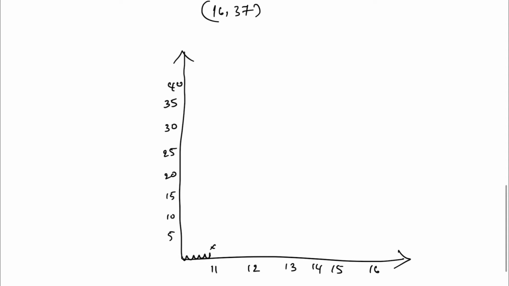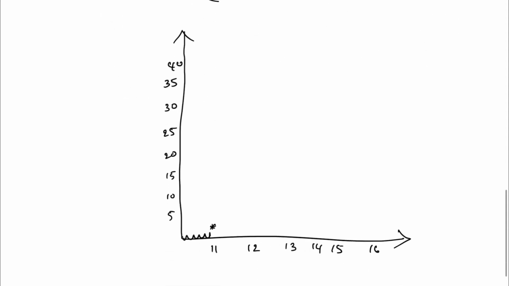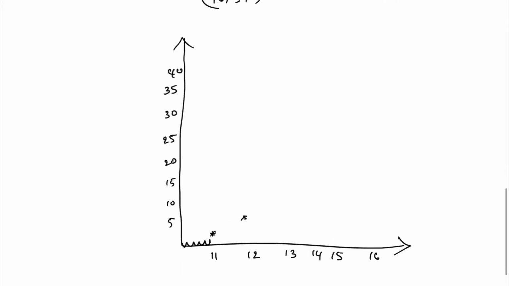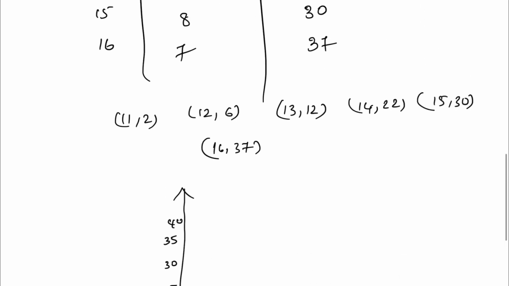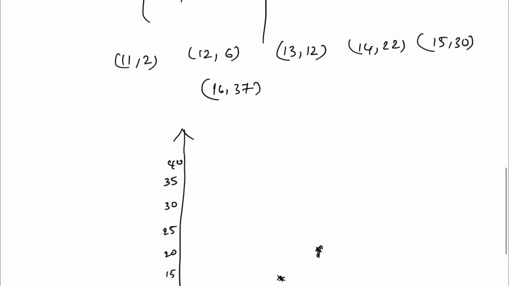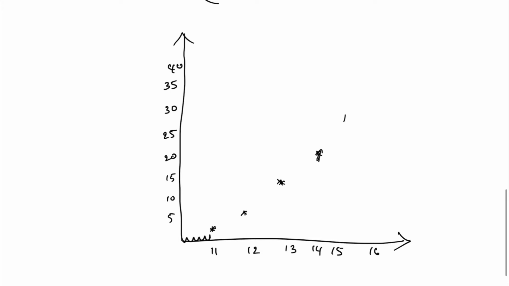It's a random rough graph I'm doing. 12, 6, somewhere here. 13, 12, somewhere here. 14, 22, somewhere here. 15, 30, somewhere here. 16, 37, somewhere here. So your graph will be of this form. You are drawing a freehand curve.